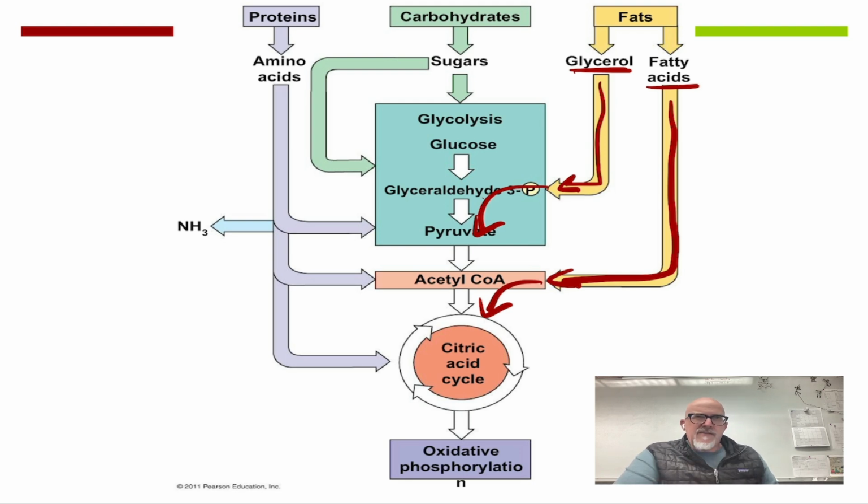Proteins, if you have a high diet of protein, not a lot of carbs or fats, you get an excess of these amino acids. You break them down in your digestion, and you have these amino acids. Well, amino acids are a bunch of carbons, a bunch of oxygens, a bunch of hydrogens, but there is some nitrogen. So before they can do this, there's something called beta oxidation, and it essentially breaks down those fatty acids.